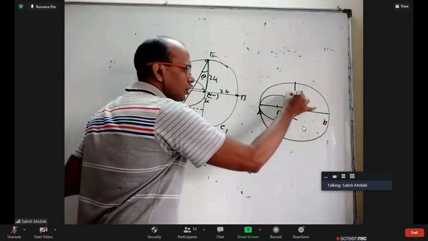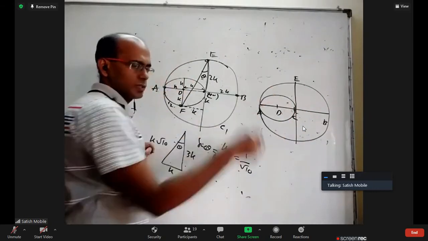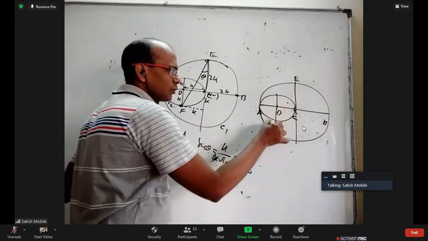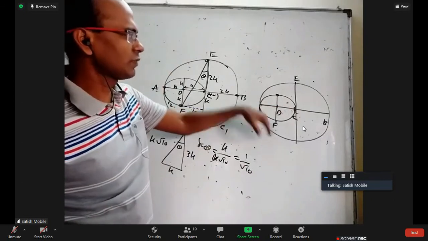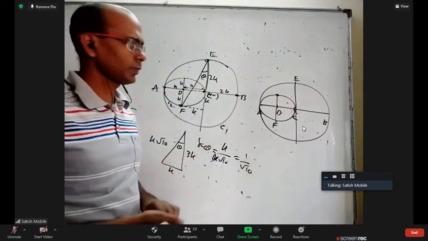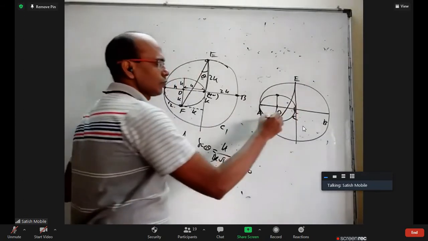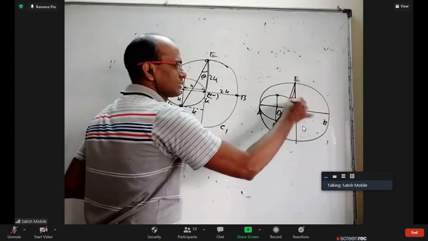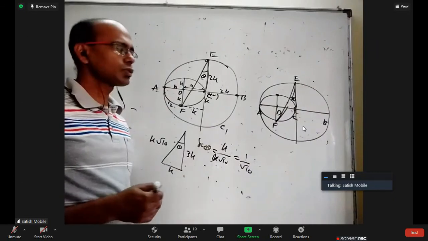Through C you draw one vertical line, and that point is called E, one of the ends. Through D you draw one vertical line that intersects these two circles, and one of them you call F. But with respect to AB, if E is on one side, F should be on the other side. Now you join F and E. They want this angle as theta. What is the sine of that? That's the question. Now, how to do it?